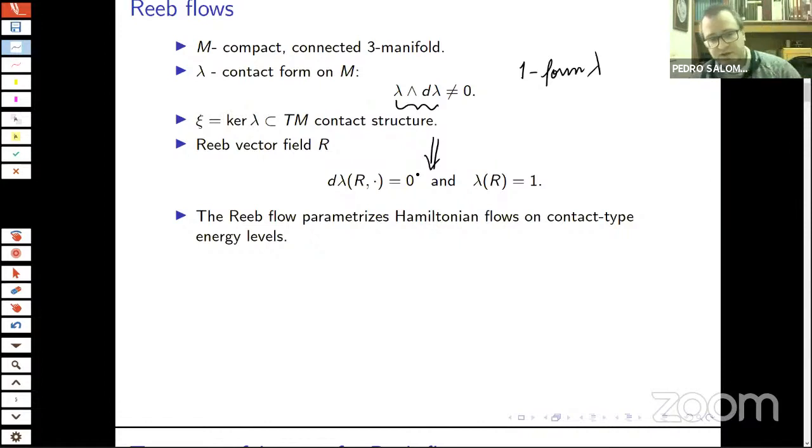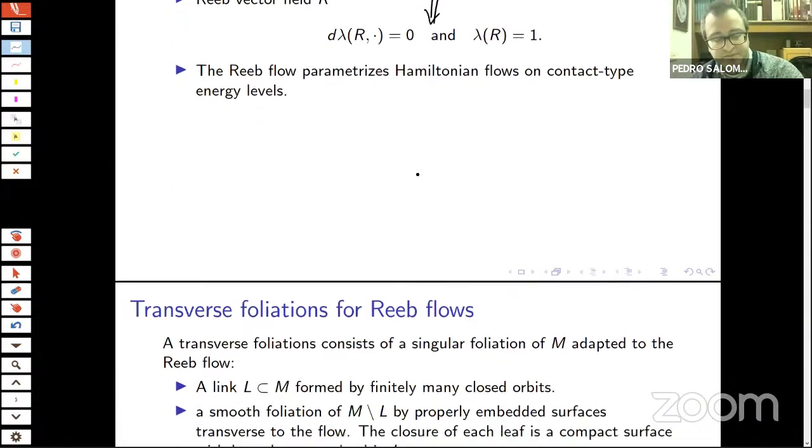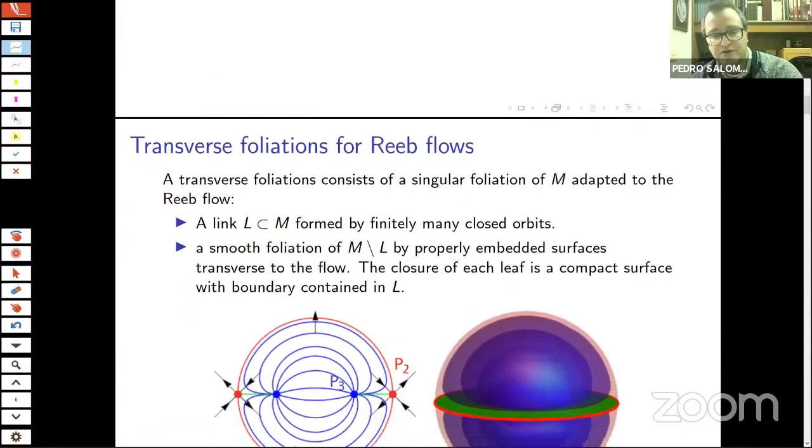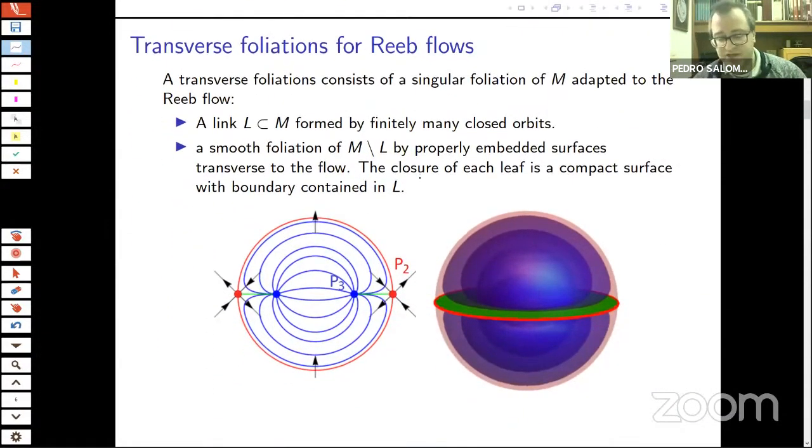Okay, so all of those systems we can study using the formalism of Reeb flows. And the object that I will talk about today is the transverse foliation. So we have a three-dimensional flow. What is a transverse foliation? It will be a foliation of this three-dimensional manifold, but it's a singular foliation, and this foliation is adapted to the flow.